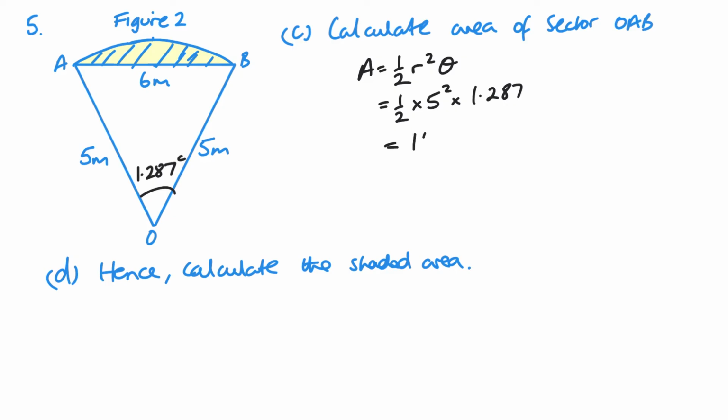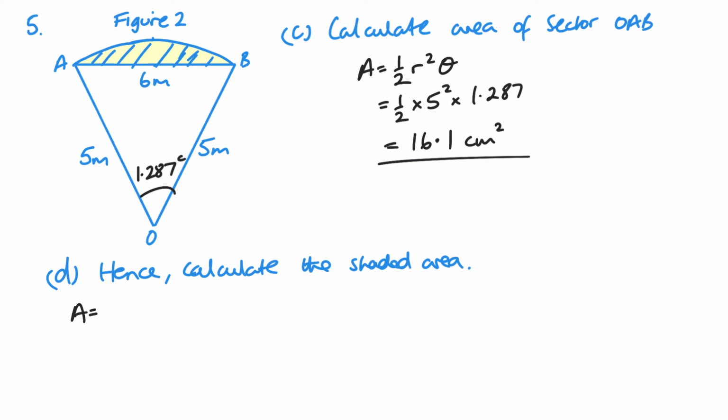And that will give me 16.1 centimeters squared. And again, I'll always store this in case I need it. Now for the final question here, I've got 2 options. It does say hence, as if that's a little bit easier, but in this case it's a segment that we're finding, so it's pretty much easy to use the segment formula.